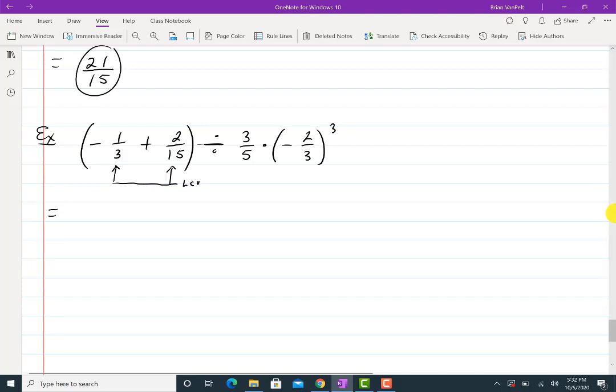The LCD there is 15. So in that parenthesis, let me change everything to being over 15. The 2 was already handled. I'll attach the negative to the numerator when I'm done. 3 times 5 is 15. Then 1 times 5 is 5. So I'll put a negative there.